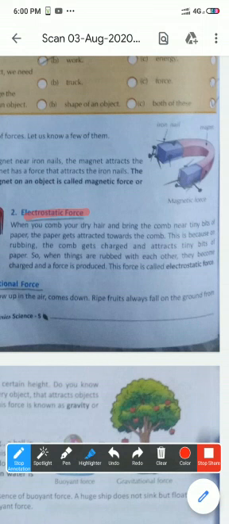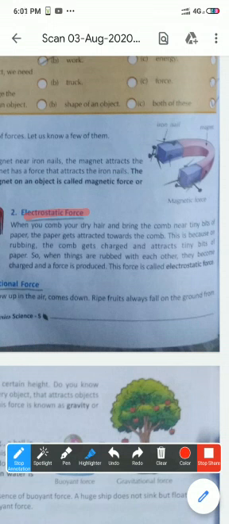In winter season especially, when you comb your dry hair for several times with a comb, after that, if you take that comb and bring tiny bits of paper around it, you will see that the comb is attracting those pieces of paper.